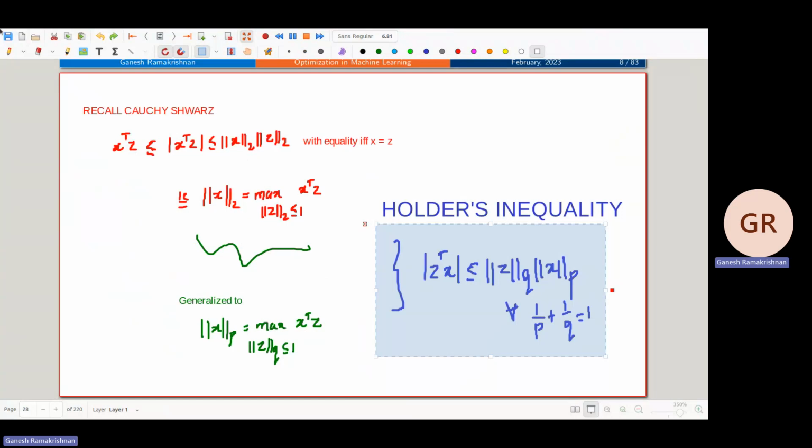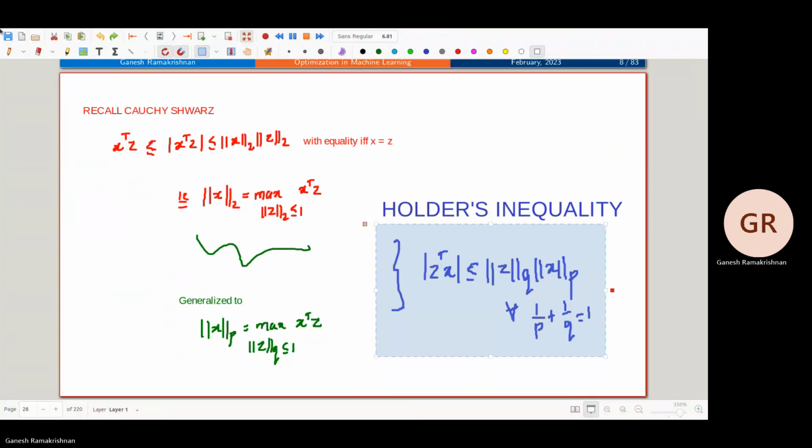Union over all z such that something should coincide, right? All z such that z transpose x is equal to the norm of x. Now let's keep it more general here. So basically, it's a union over all z such that z transpose x is the p norm of x.